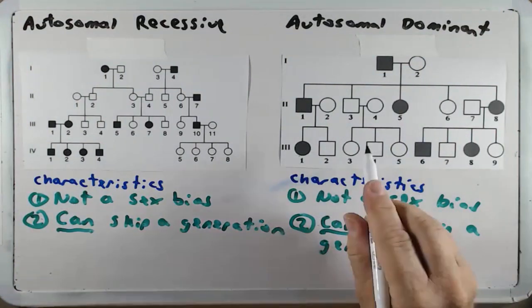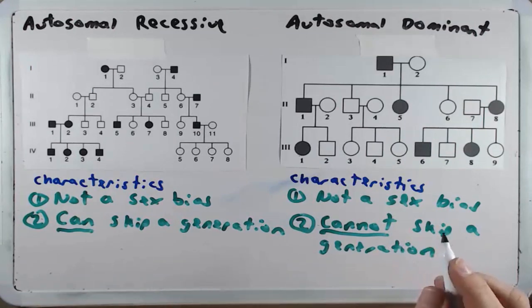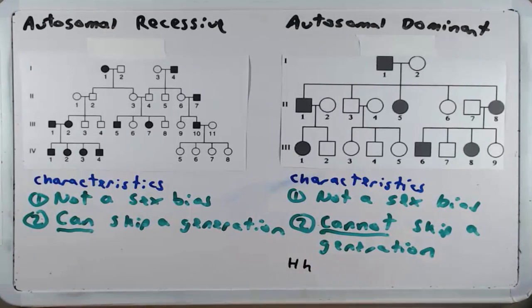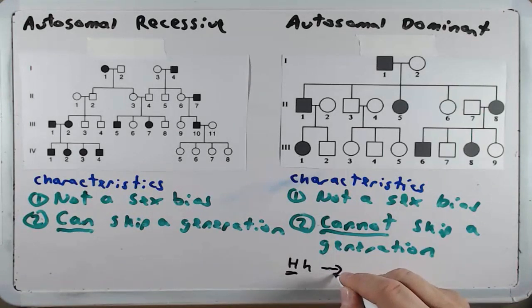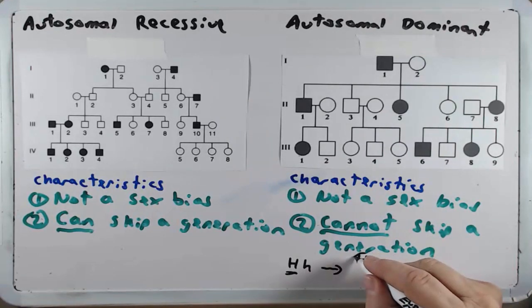Now let's talk about why that's true. Remember, if you have an autosomal dominant trait, say like Huntington's disease, we're going to show that as big H, little h. This means you have the trait because you have the dominant allele that leads to the disease. Then that individual will pass on either big H or little h to their gametes.